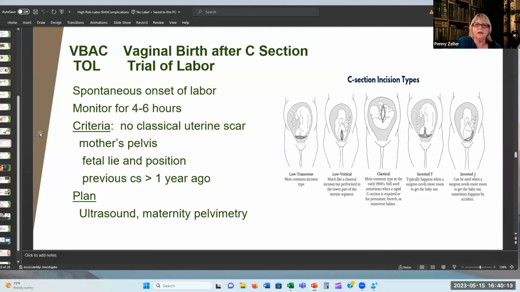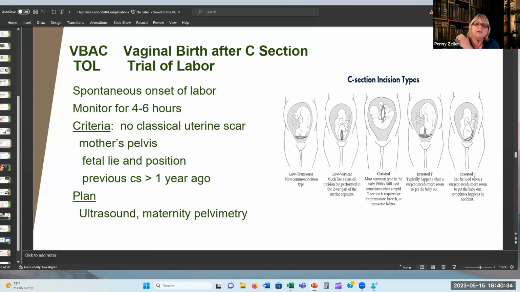So if a client has had a cesarean section for her first delivery, and it was not a classical incision, we can let her go into labor on her own spontaneously and let her labor down for a few hours to see if she's progressing nicely.